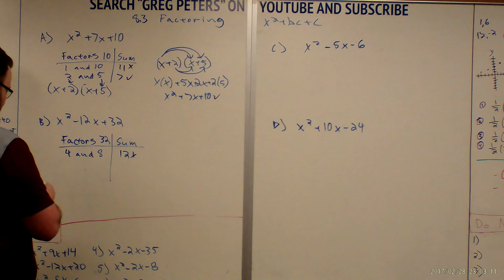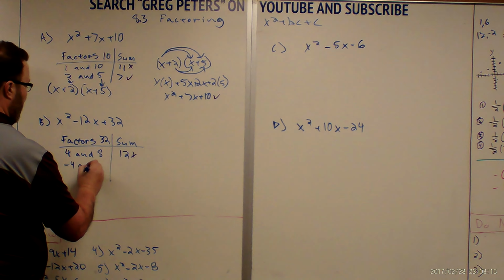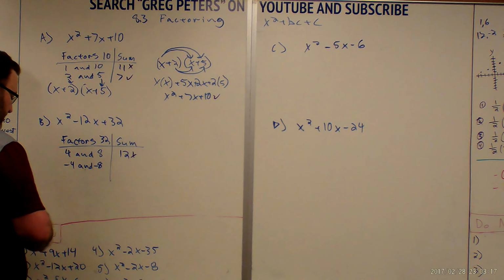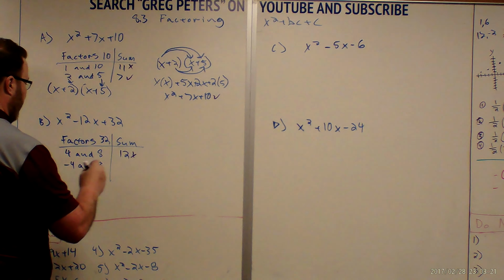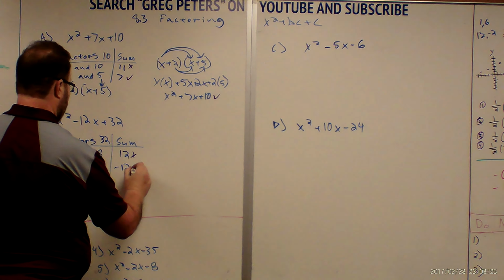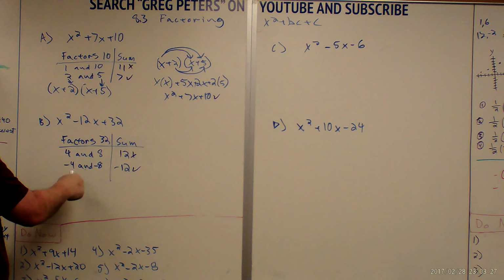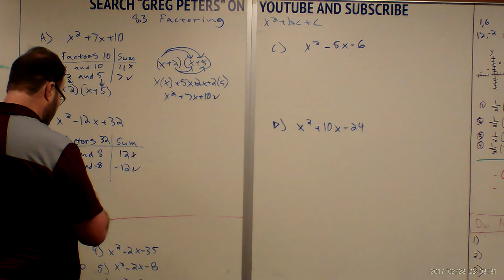But I could do these negative to negative. So negative 4 and negative 8. That's going to give me a negative 12, which now is going to work out. So this one checks out. For 12, we're negative 4 times negative 8, positive 32.